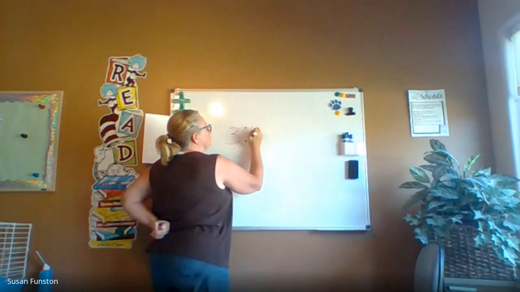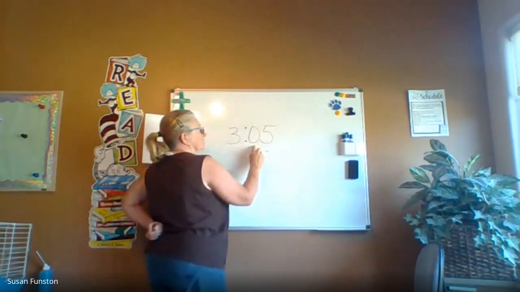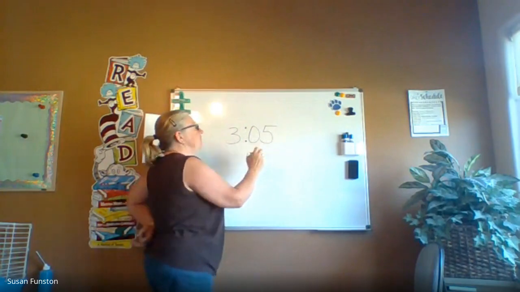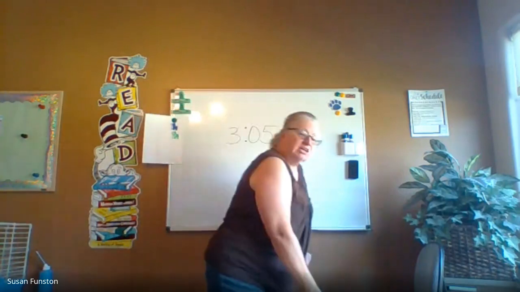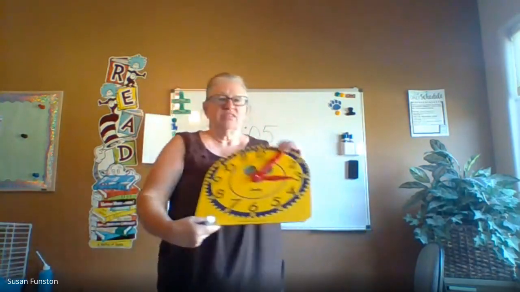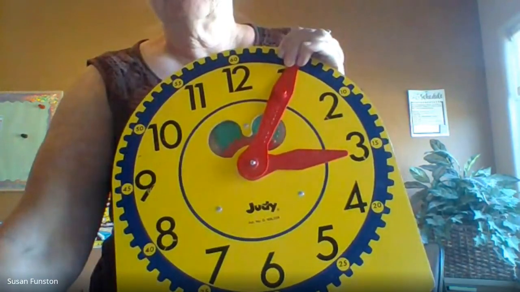Then you write 2 dots, and we have 5 minutes. So we have nothing in our tens place and a 5 in our ones place for minutes. So our time is 3:05.